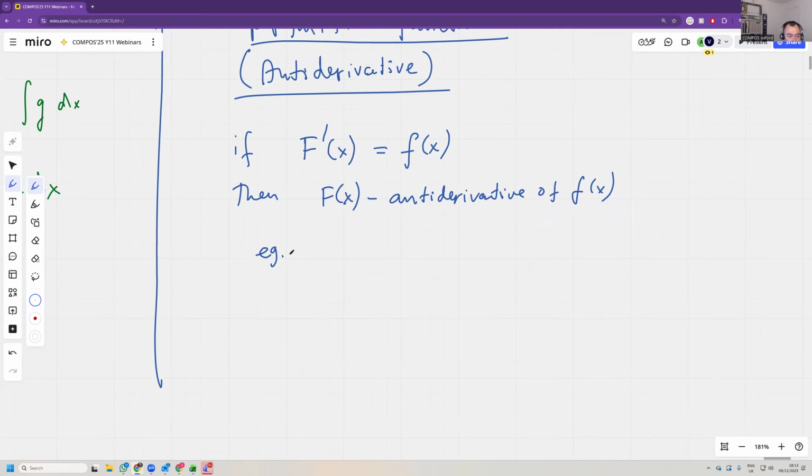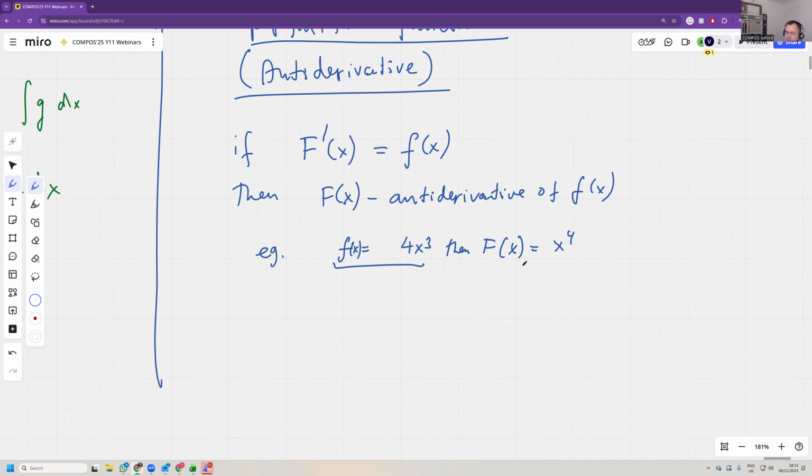Example. If f is 4x cubed, then F of x is x to the power 4.